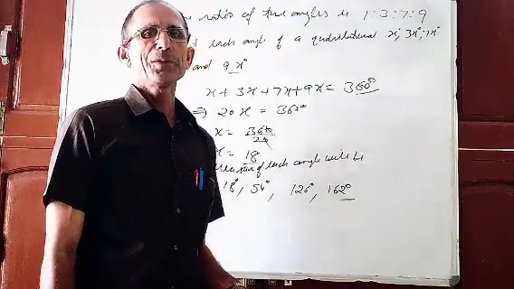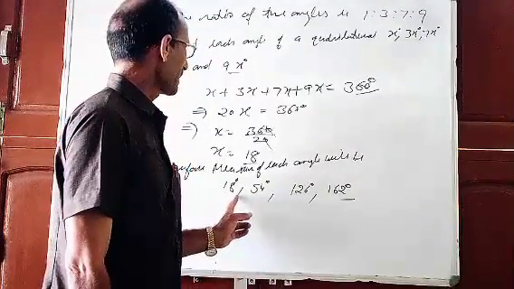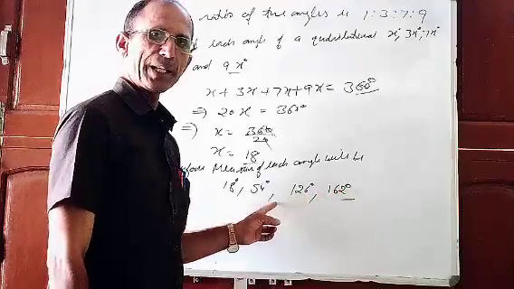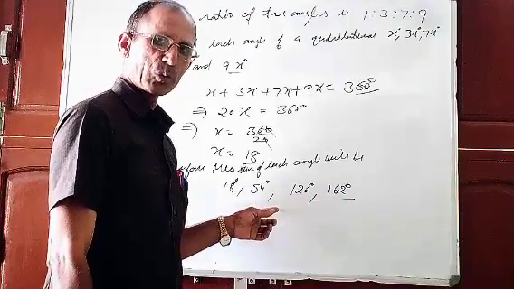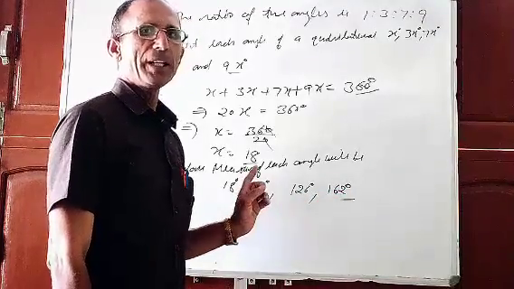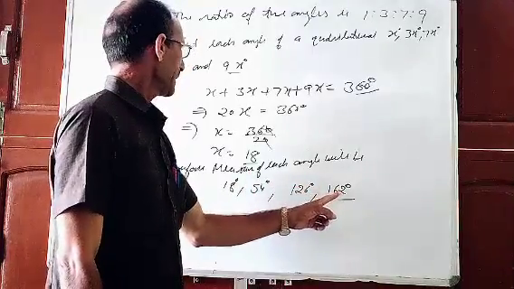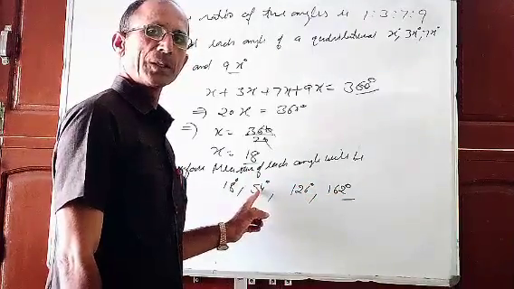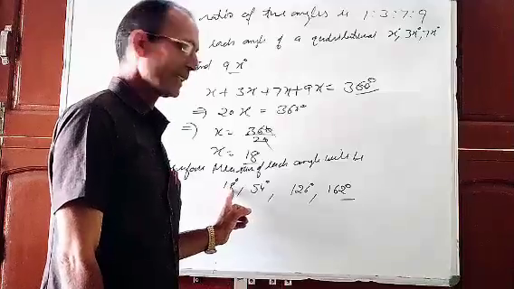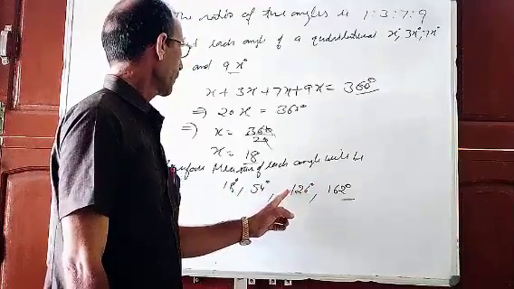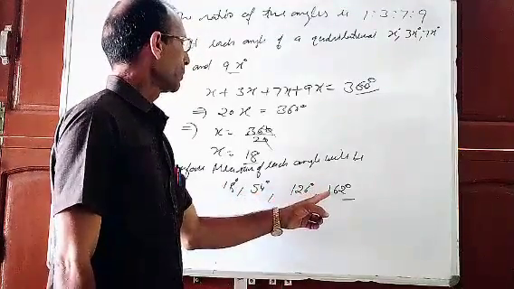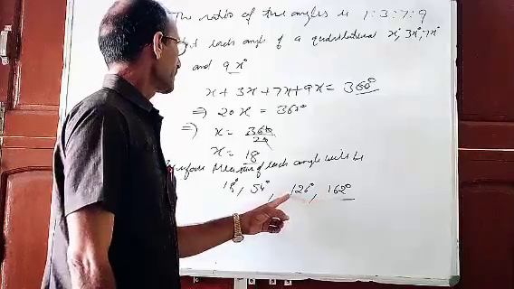Any doubt, any confusion? So these are the measures of each angle. You can verify: if I add all these four angles, their total will be 360. You can check: 6 and 2, 8; 8 and 4, 12; 12 and 8, 20; then 3, 4, 2 and 1, 3.